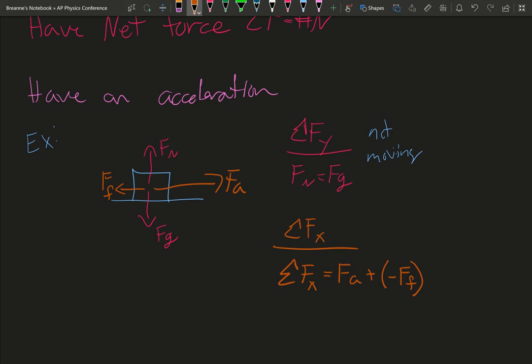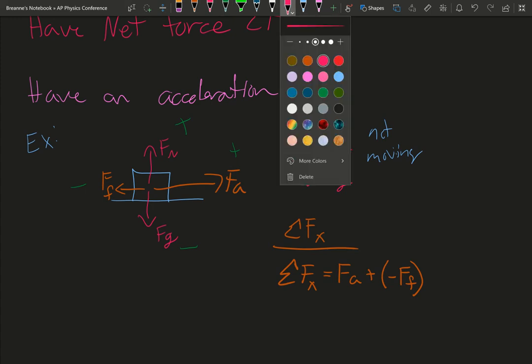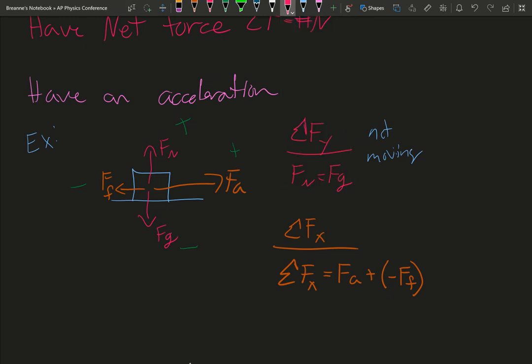But we tend to make up positive, down negative, right positive, left negative. That has been consistent since we started physics, so we're just going to stick with it.